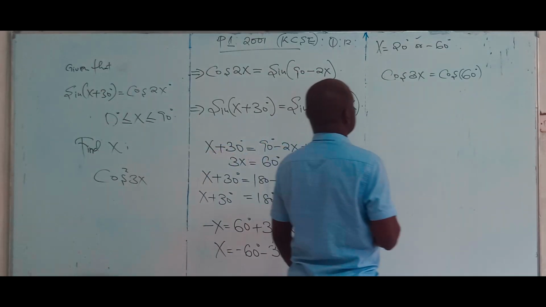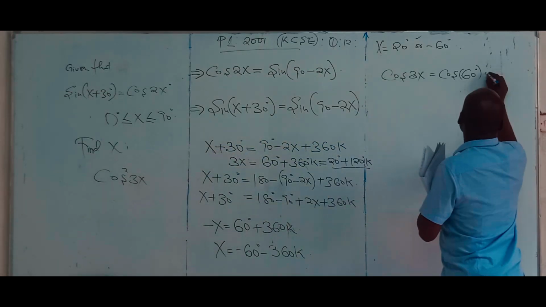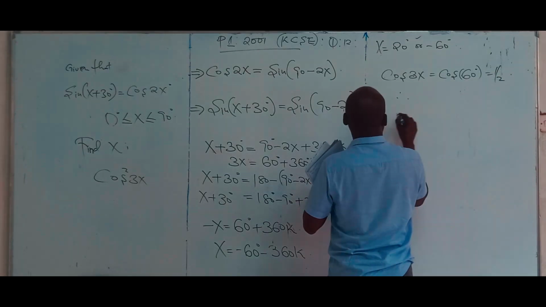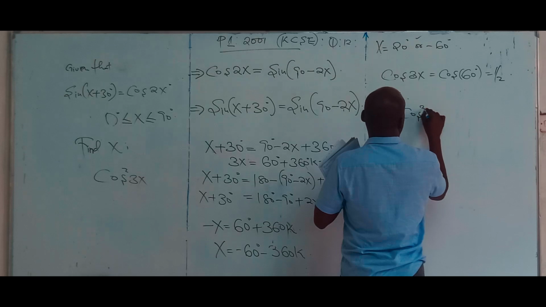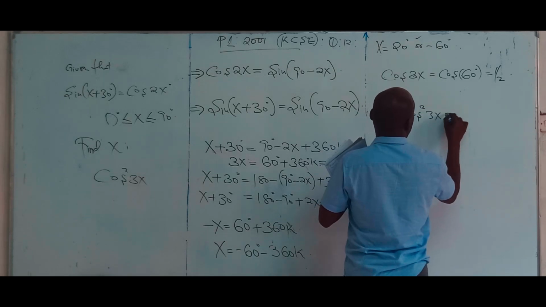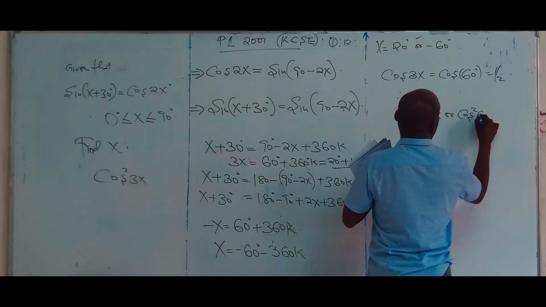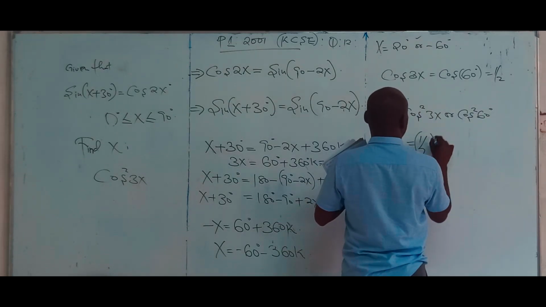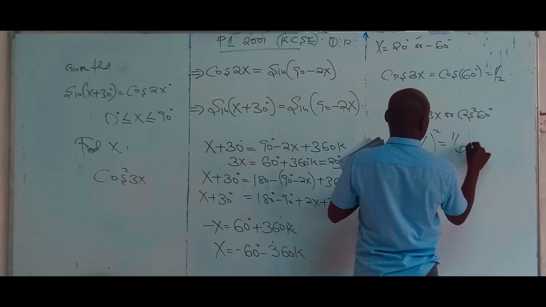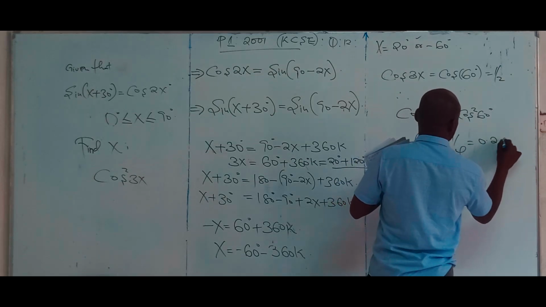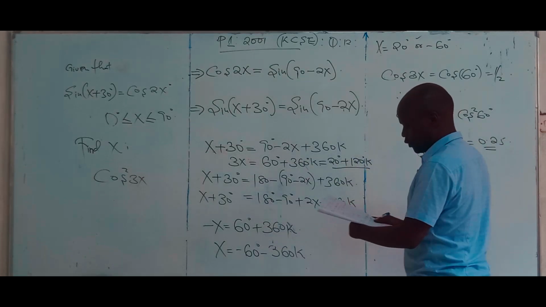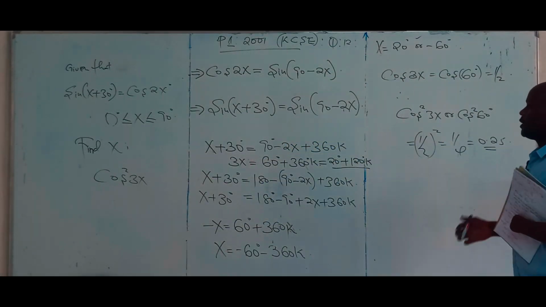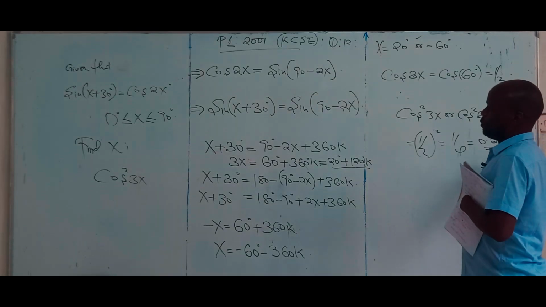Cos of 60 degrees is half. Therefore, cos squared of 3x, or cos squared of 60 degrees, will be half squared, which is 1 over 4, or 0.25. So that is the answer to that question.